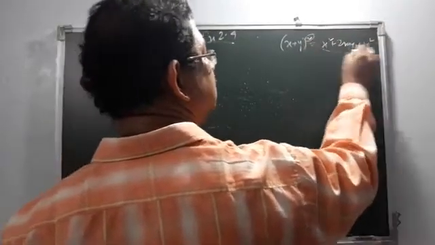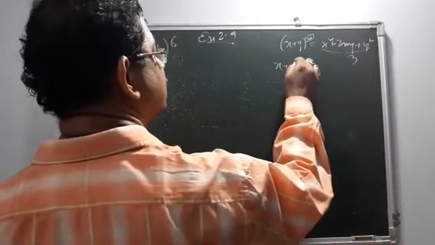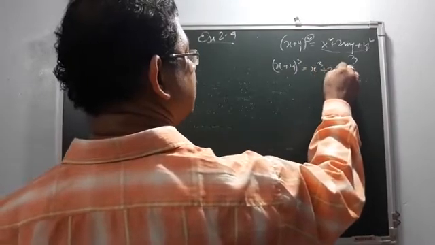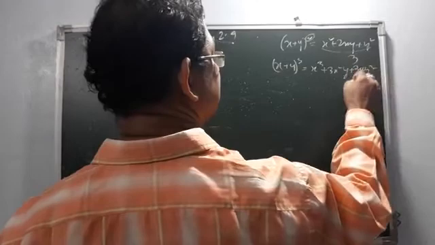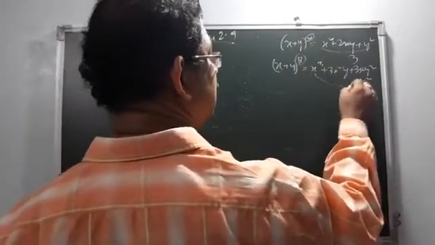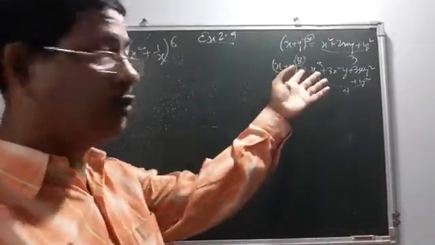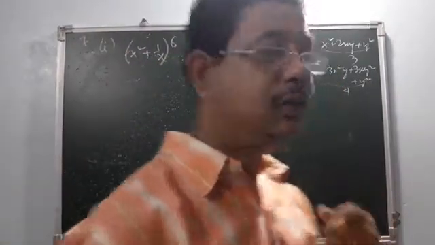If the power is 2, there are 3 terms. If I write x plus y whole thing cubed, then it will be x cube plus 3x square y and so on. Here power 3, so it is 4 terms. So the number of terms will be 1 more than the power.